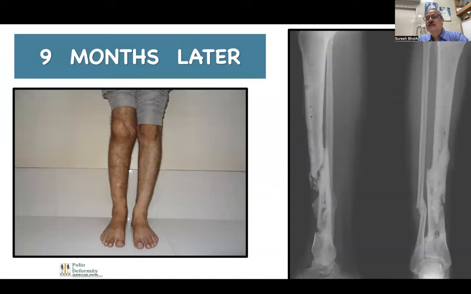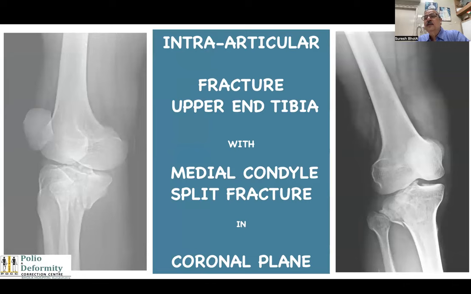Again, tibial frame, upper end, intra-articular fractures. These cases are notorious, sometimes due to skin and soft tissue conditions. And if you are scared, you can use Ilizarov.